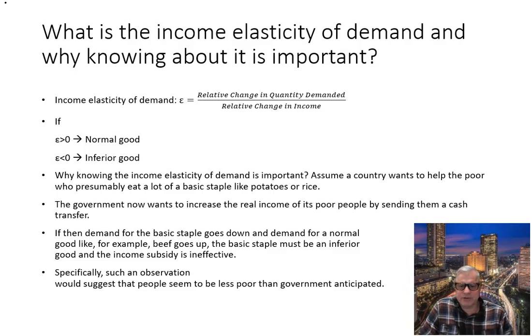And now if you remember, we talked about two kinds of goods, normal goods and inferior goods, and we said a normal good is one where, when the income goes up, quantity demanded goes up. So in this case, if this goes up and this goes up, then we have a positive relationship, and we know, well, this must be a normal good.